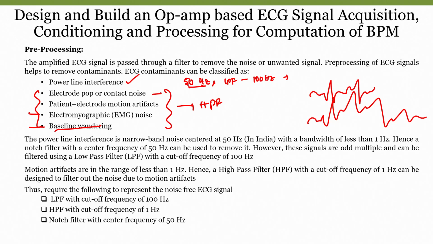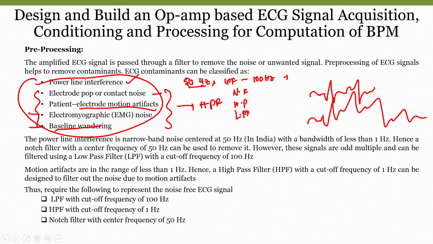The baseline wandering frequency is somewhere around 0.5 Hz, so by passing through a high pass filter, even that can be eliminated. Motion artifacts we have already seen. So, if I can design a notch filter, a high pass filter and a low pass filter, the noise due to these ECG contaminants can be completely filtered out.